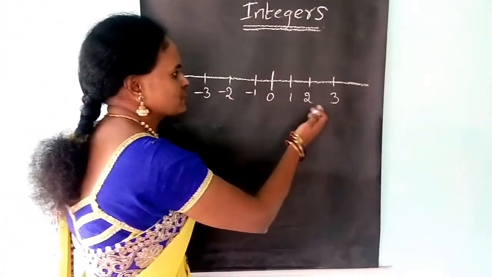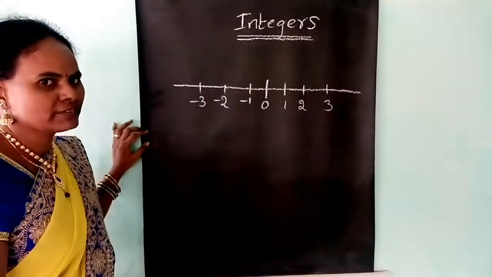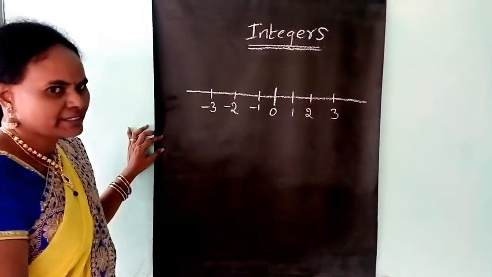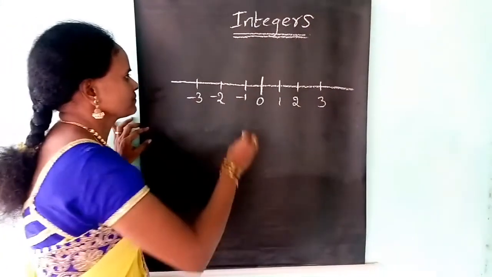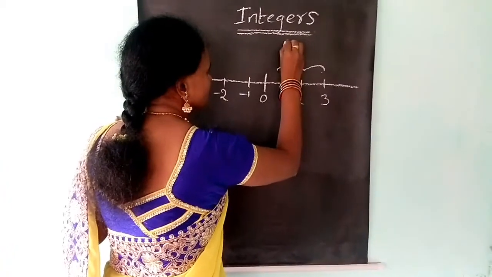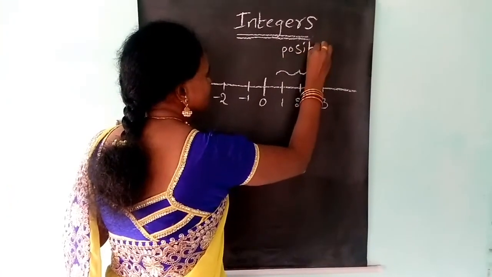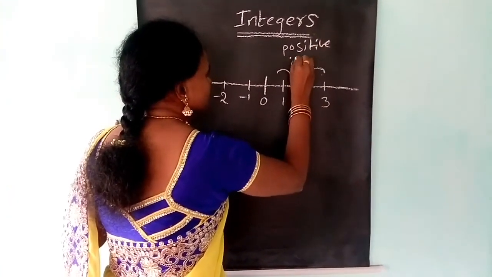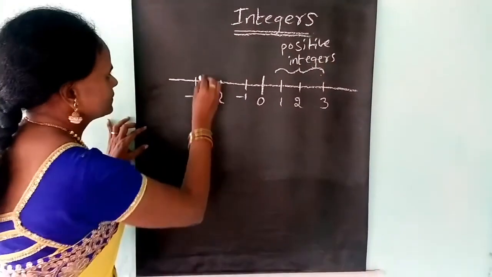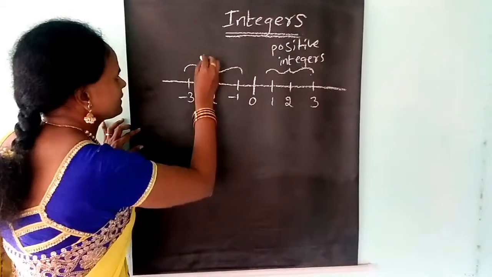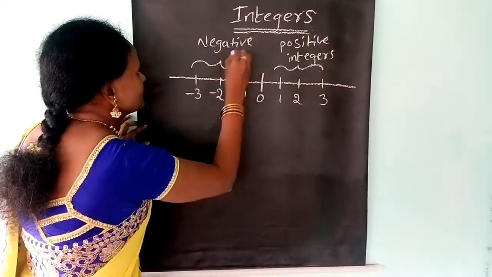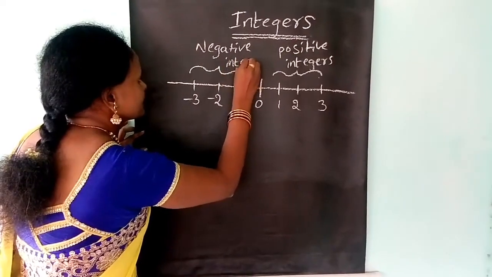Numbers to the right of 0 are positive integers. Numbers to the left of 0 are negative integers.